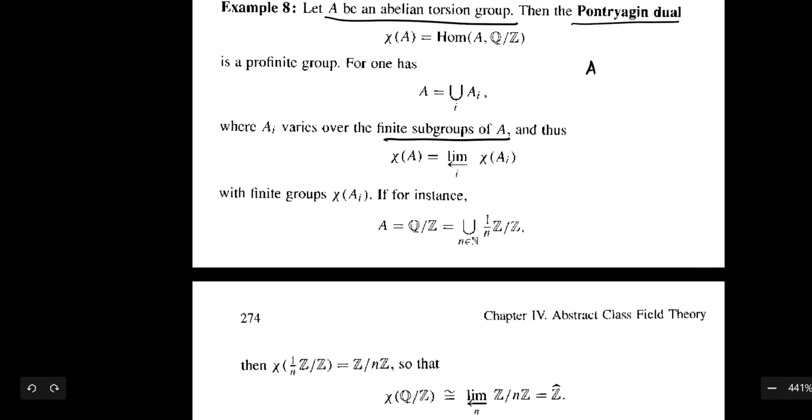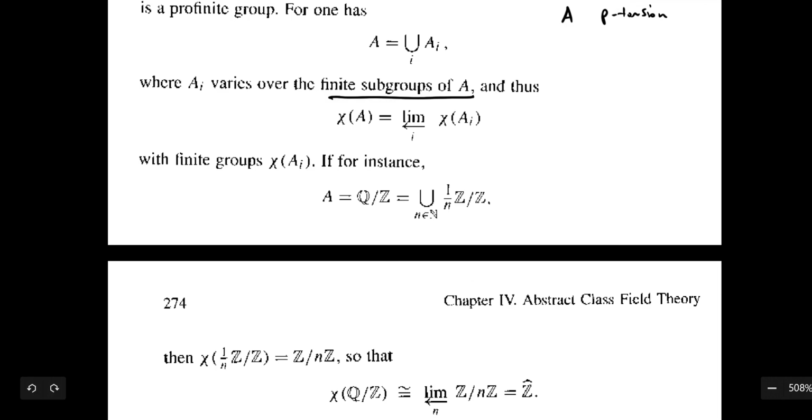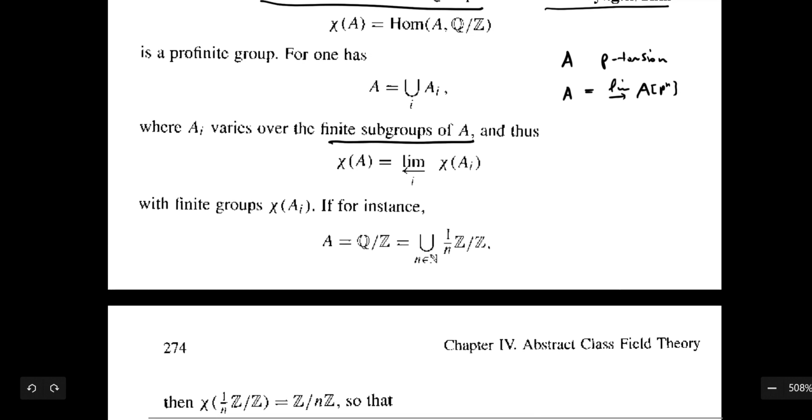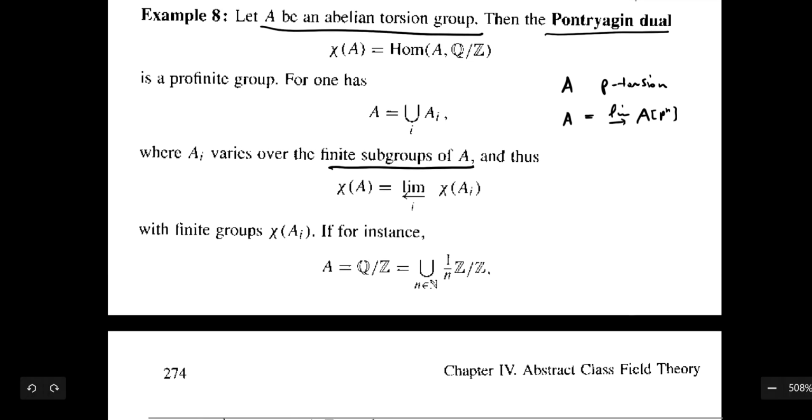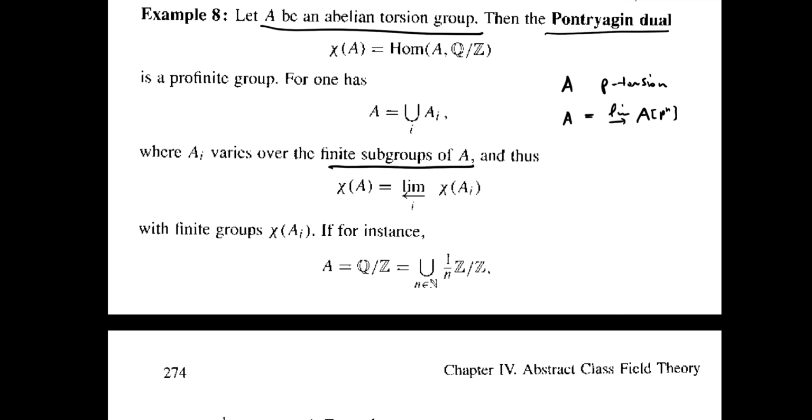And this torsion means this is true. Usually when we say A is p torsion, we can write it this way. I think this is okay. If A is p torsion, we will have the inclusion. In this case, it's only torsion. You take the union.